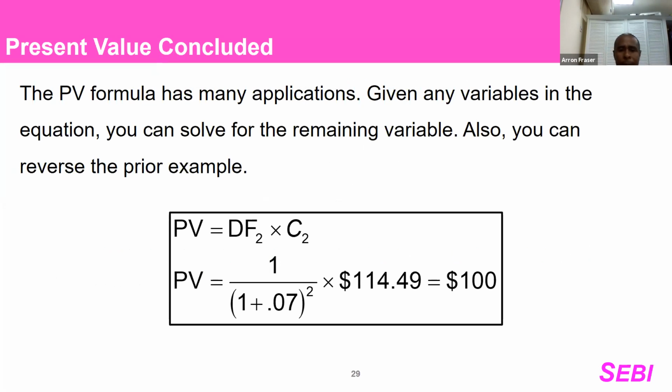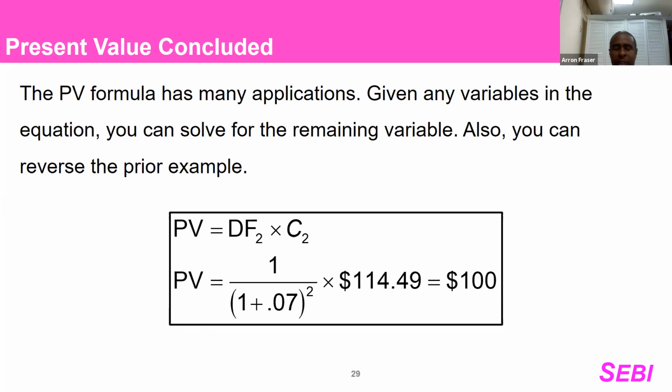So if we had the same $114.49, that was the future cash flow, and we say we want it for 2 periods. If we want to calculate the present value at the same 7%, we have the same factors as in the previous example where we worked out the future value, but now we're taking the future cash flow, 2 years from now, and discounting it to the current day value using the same 7% discount factor, right?